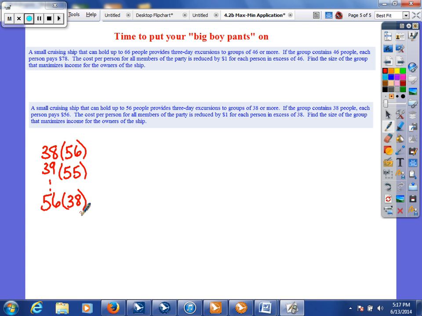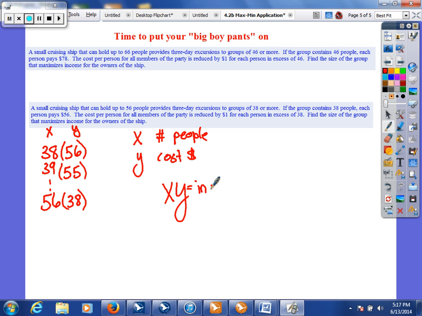Now let's see if it makes sense. Now remember, what we did on the last one is we called this x, we called this y. So let's do the same thing. X is the number of people. Y is the cost, so it's the money. Okay. My primary is xy because I'm looking for my income. Okay.